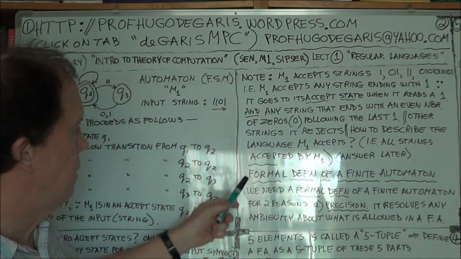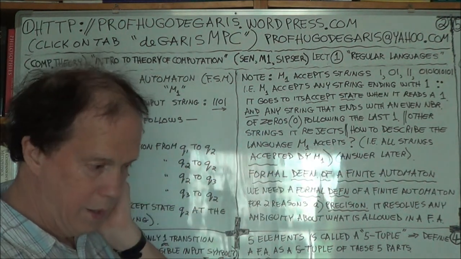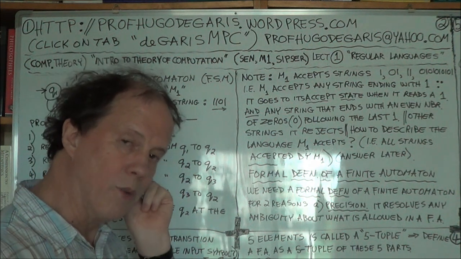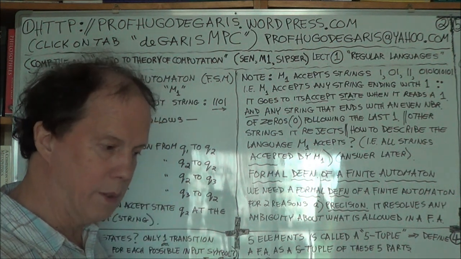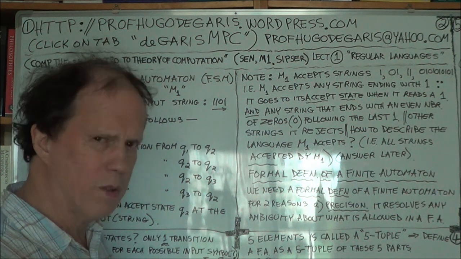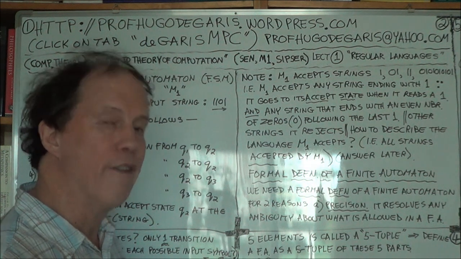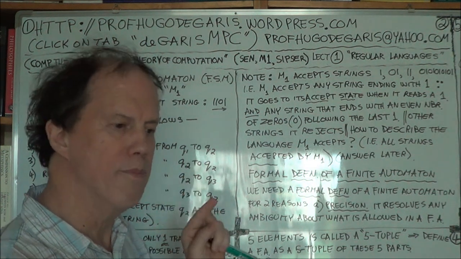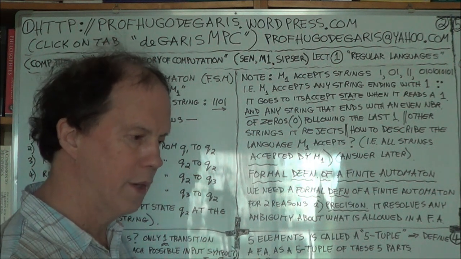Okay, now change the topic a little bit. Now we've got a fairly good idea of what an automaton is about. Now we're going to become sort of like lawyers, and we're going to write down a formal, strict, mathematical definition of what an automaton is.